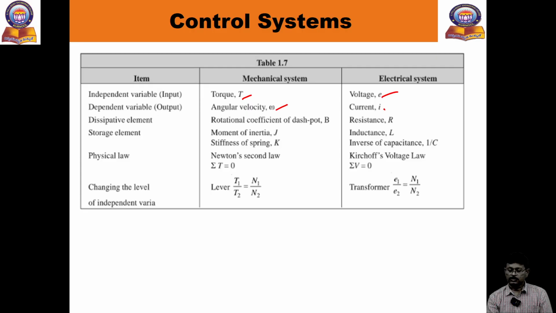Angular velocity corresponds to current, the rotational dashpot coefficient is the same as resistance, moment of inertia corresponds to inductance, and the spring constant is the inverse of the capacitance. Newton's second law and KVL are no change here. Only the change is torque here, where translation systems had force. So this is a simple comparison table for rotational systems and electrical systems.